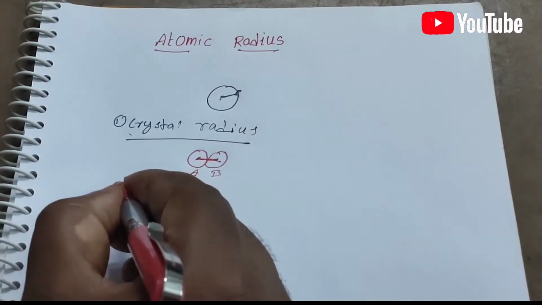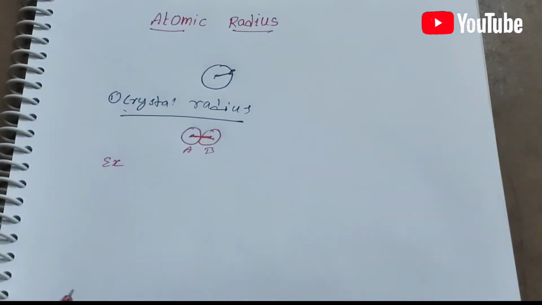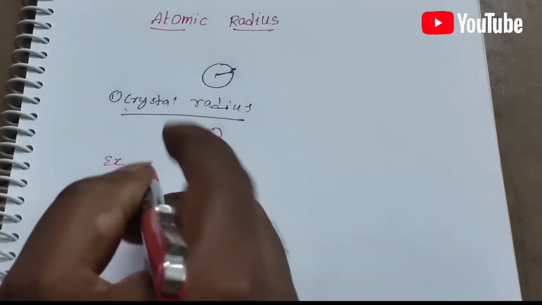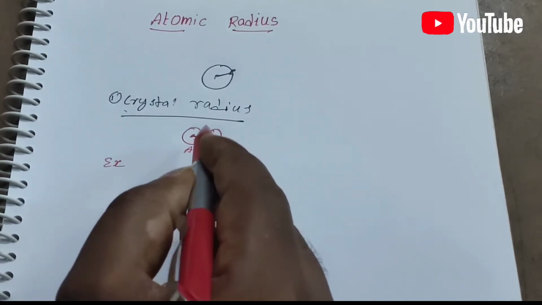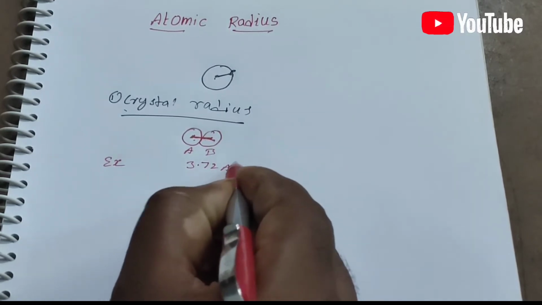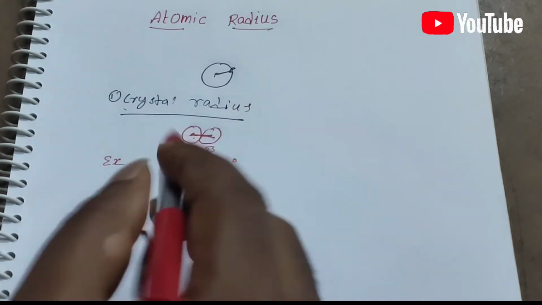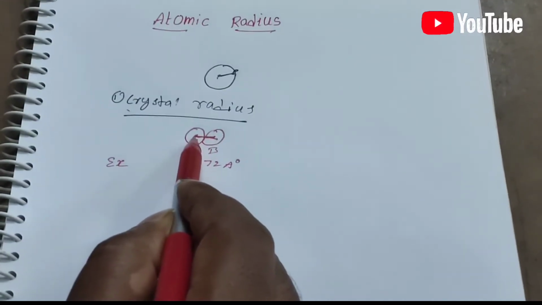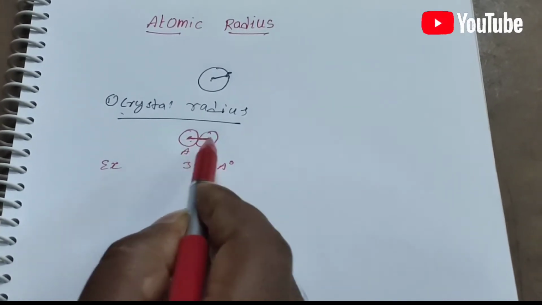For example, here I am taking the distance between two sodium atoms, which is 3.72 angstroms. Here I am taking one nucleus to another nucleus, but I want exactly one atom and its radius.